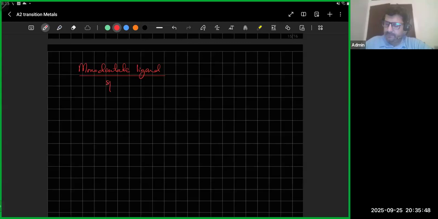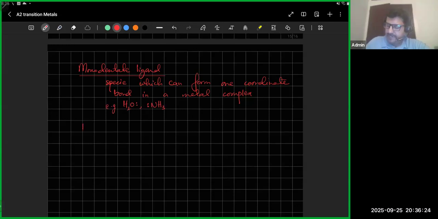It's a species which can form only one dative bond in a metal complex. In all the examples that we did so far, ammonia is a monodentate ligand. It's only capable of forming just one dative bond.